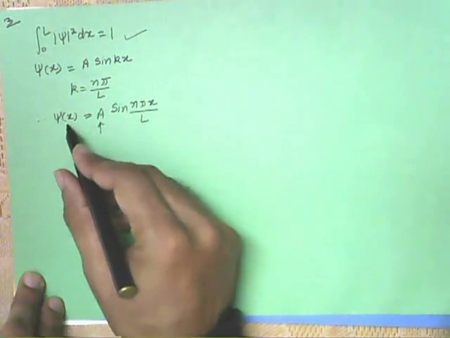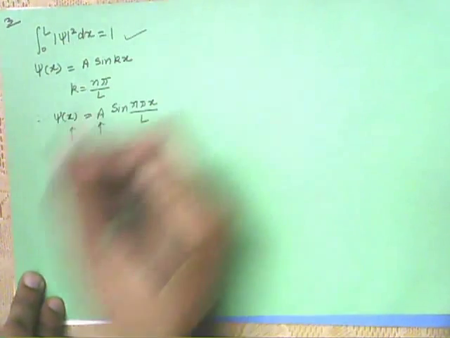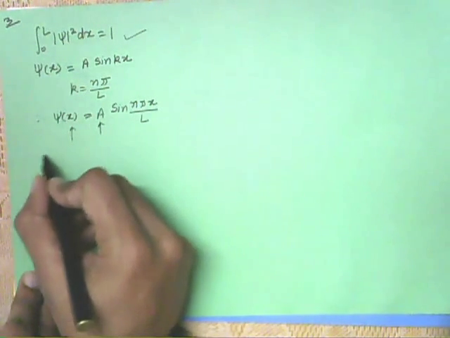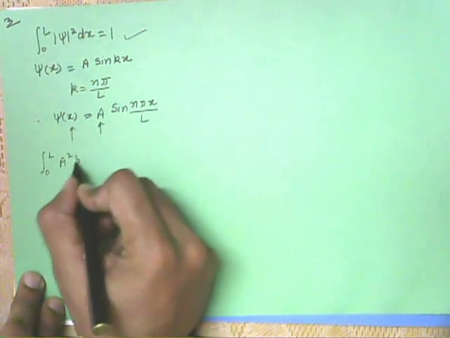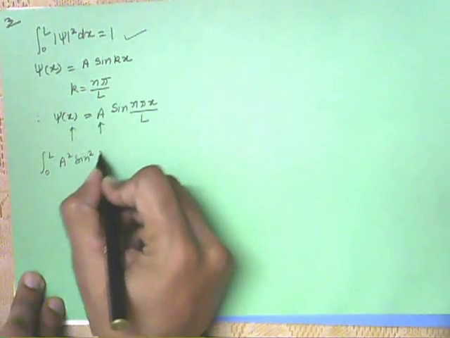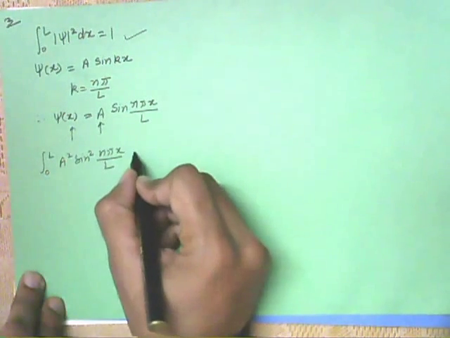So substituting this value of psi of x into the above equation, it becomes the integral from 0 to L of A square sin square n pi x upon L dx.